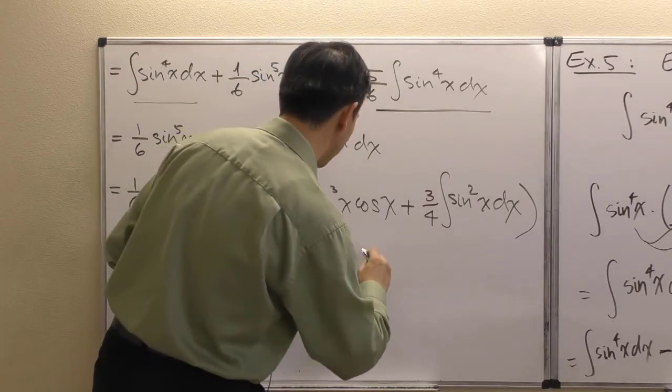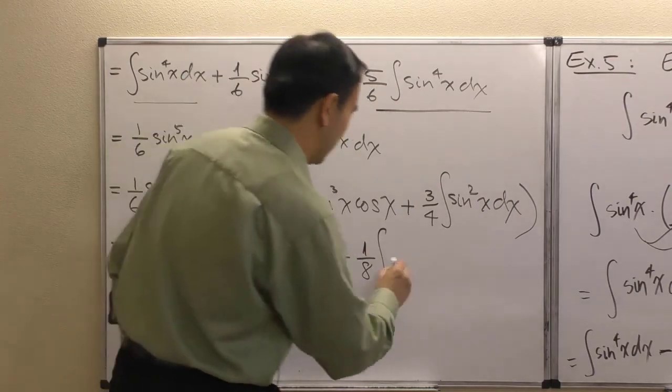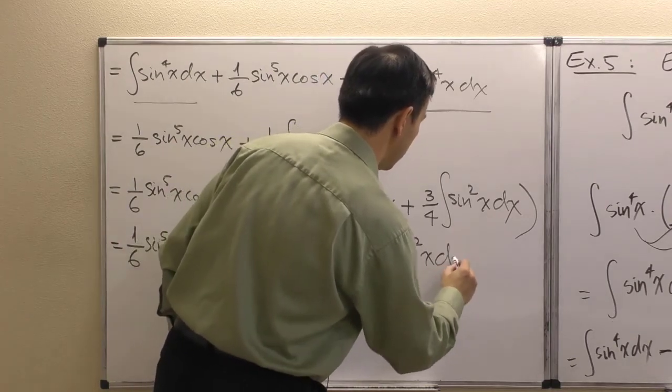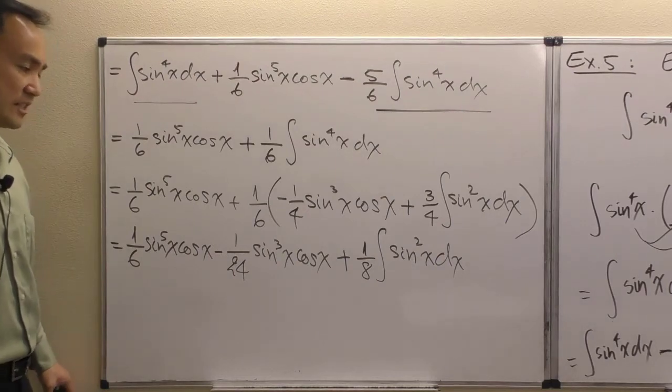Okay, so this is going to be a 1/8 times the integral of sine squared of x dx. All right, so we're at some much easier steps now.